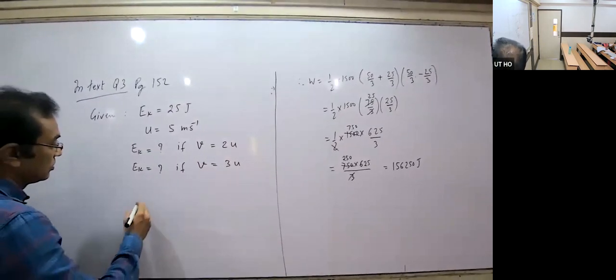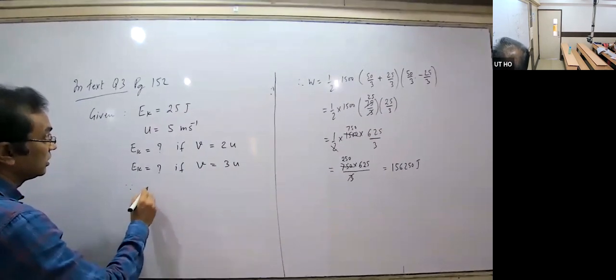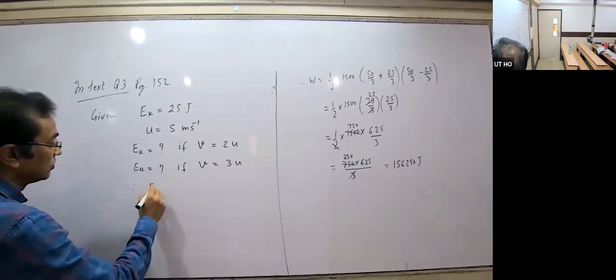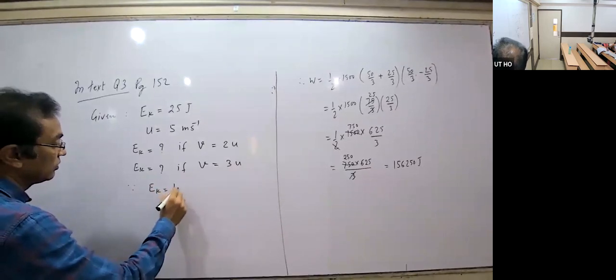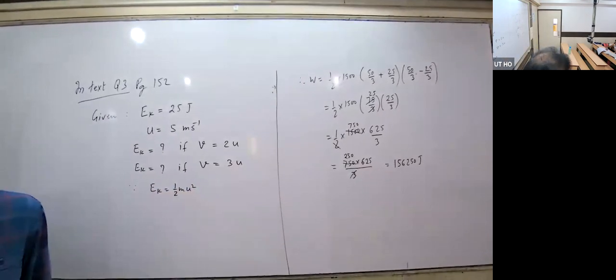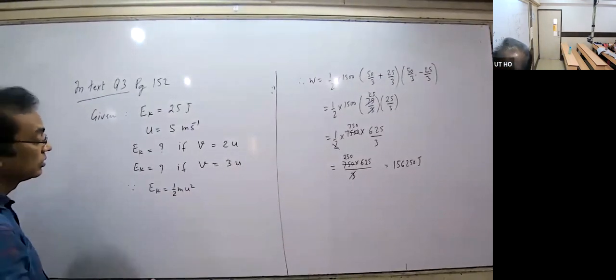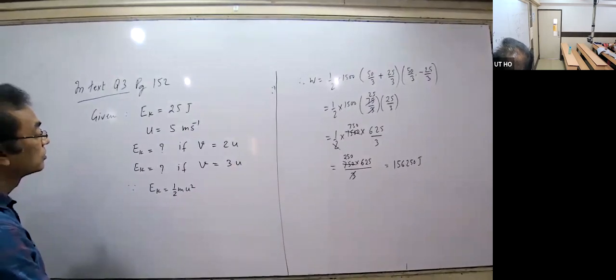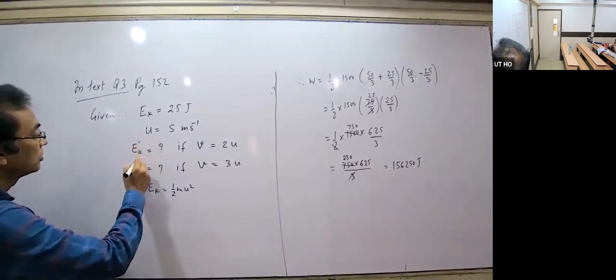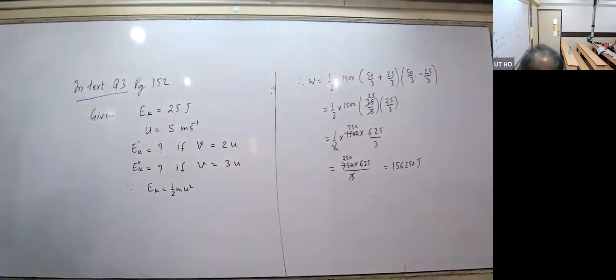So let us see. What is EK? EK is equal to half mu square. Let's call the new energies EK dash and EK double dash.